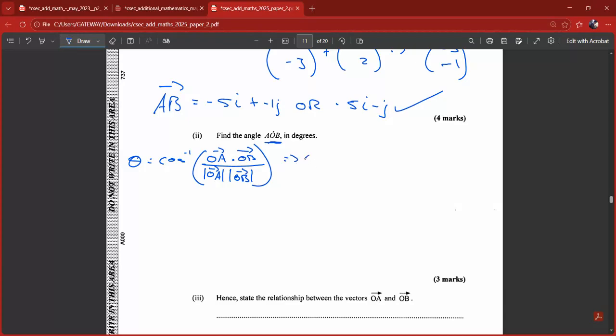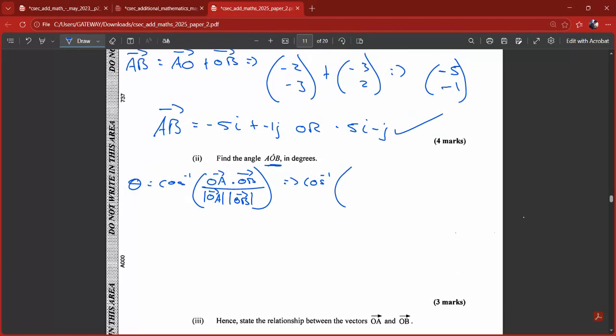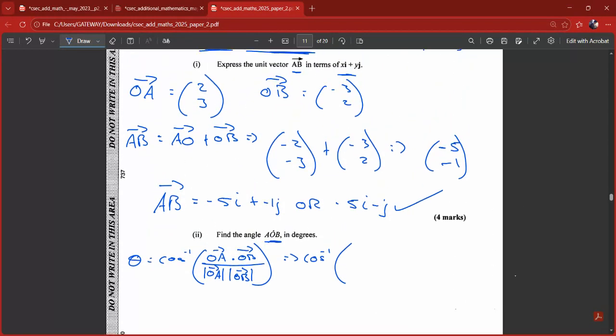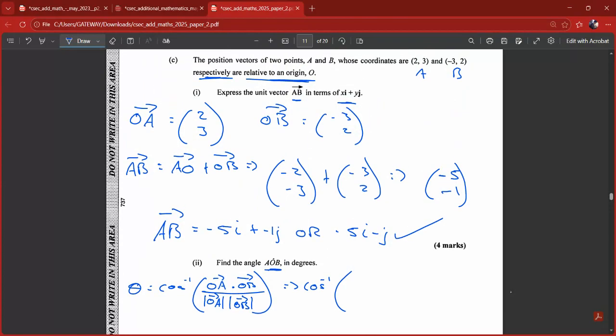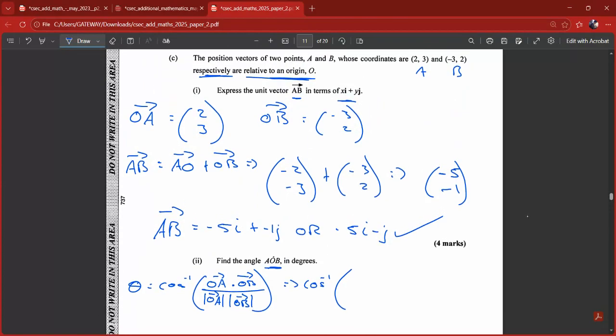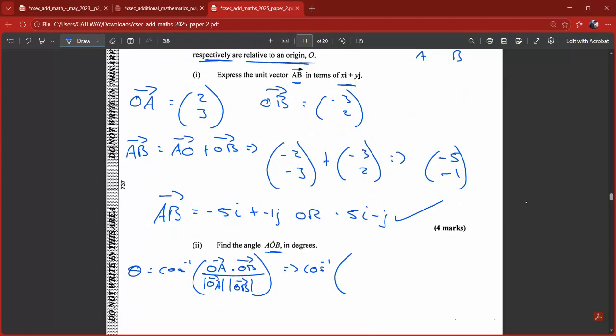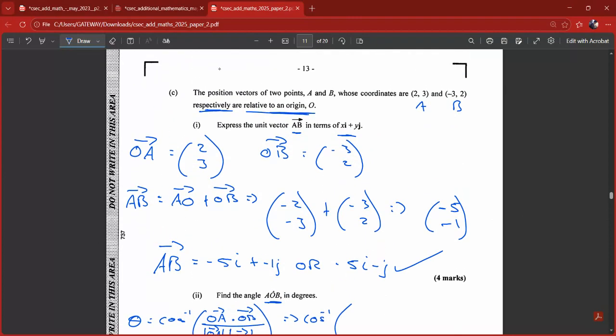So that's going to be cosine inverse of what we got for the product. Did we work out the product already? No, we didn't. That was our previous question. All right, so the product of OA and OB, I could write that up here.